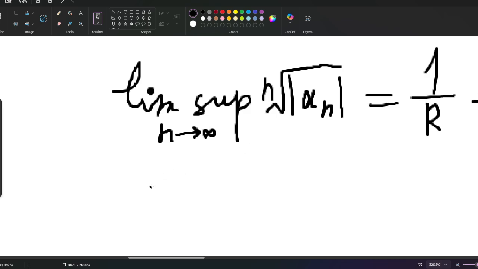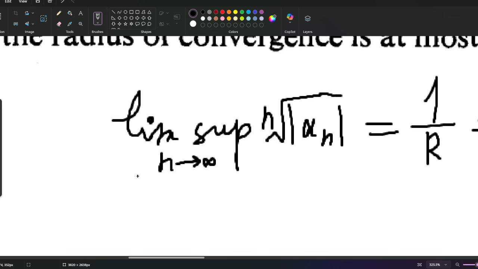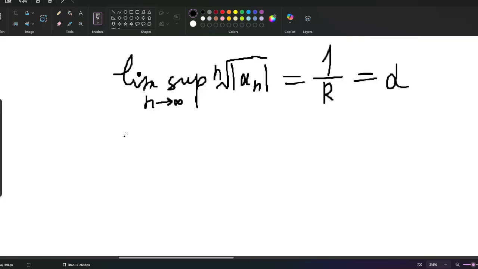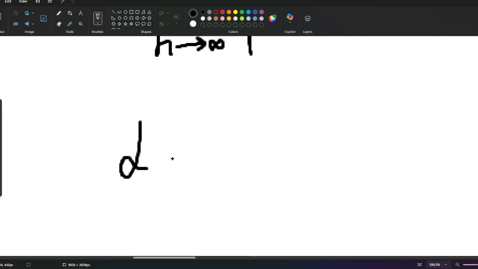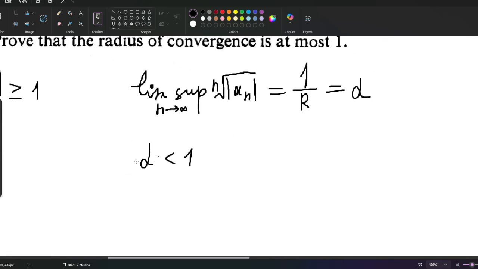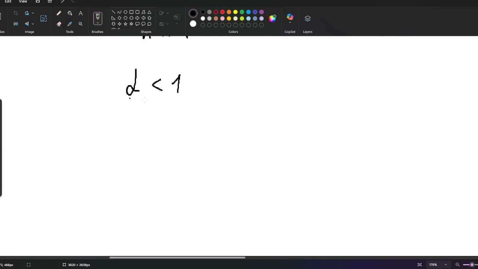Now suppose alpha is less than 1 and not greater than or equal to 1.